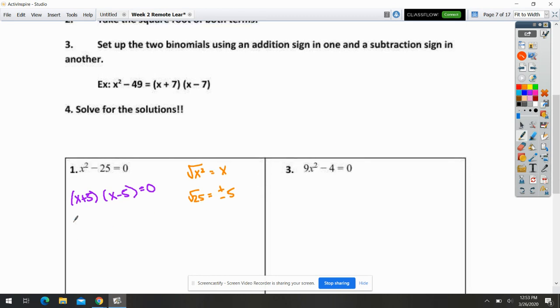Okay, you just take each factor and set it equal to 0 and solve. So x equals negative 5, and x equals 5. So those are your solutions. So mainly, you just have to write out your binomials and put the square root of that number in there.